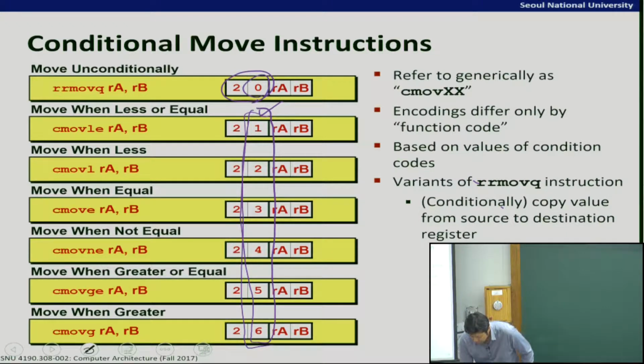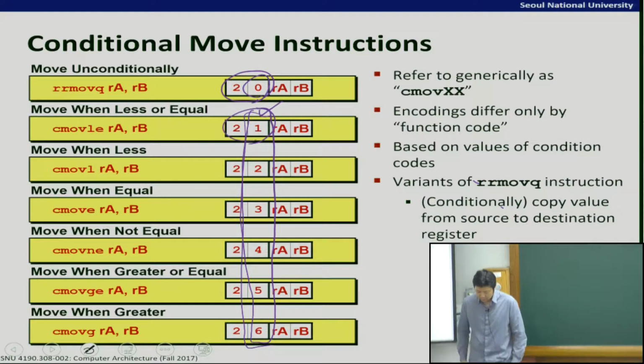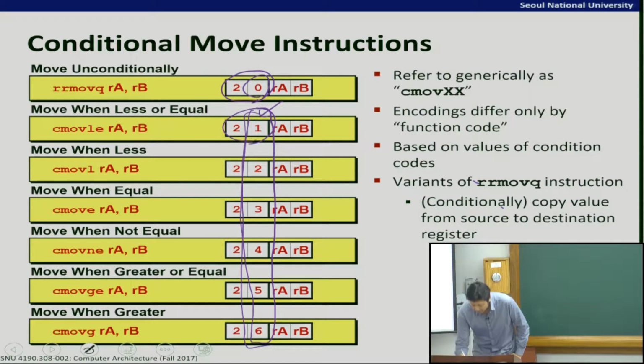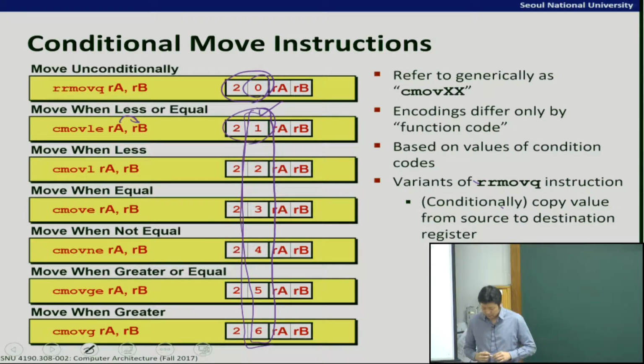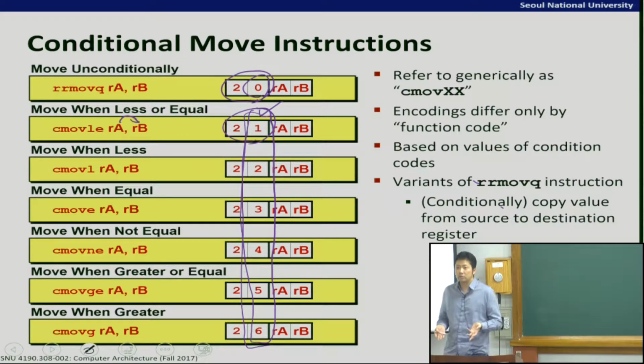So if it's 21, it's a move when less than or equal, a conditional move LE. The value of RA is moved to RB only when the LE condition is satisfied. The flags are set by the previous instruction as a result of computation, maybe CMP or test.